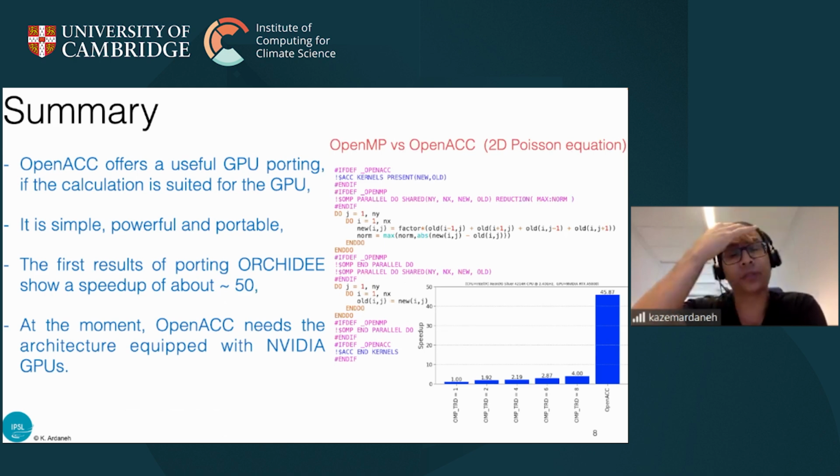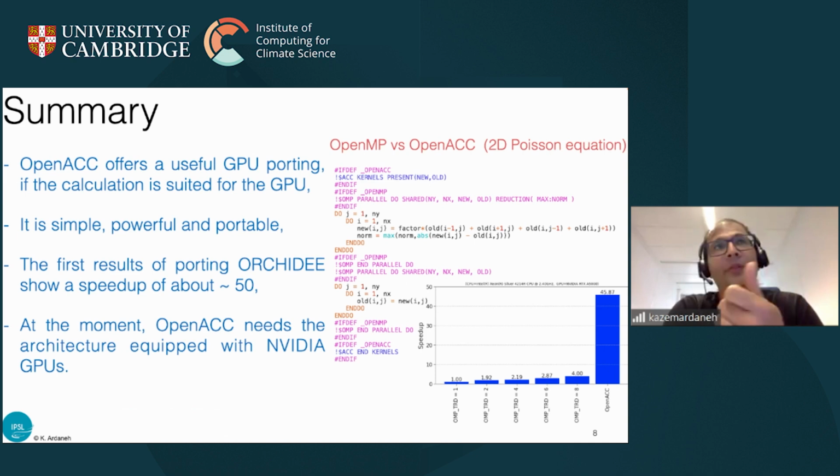In summary, I can say that OpenACC offers a useful and simple paradigm for GPU calculation, and it is simple to implement. It's powerful. I would say that the speed of OpenACC in comparison with CUDA is almost half, so it's not very bad.